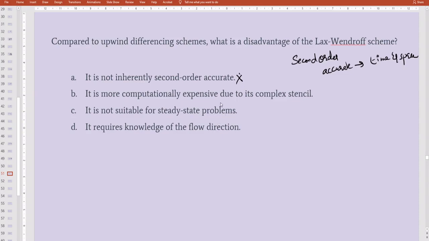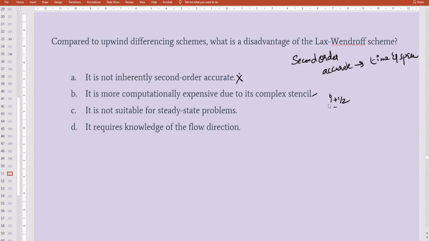Option B, it is more computationally expensive due to complex stencil. Yes, actually it's true. It is computationally expensive because the step sizes are i plus half instead of i plus 1 or i minus 1. The Lax-Wendroff scheme uses half step sizes. It's kind of a two-step process.